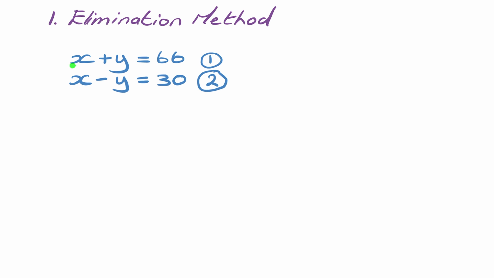So when we examine this, we have an x here and we have an x here. They're both positive and they both have a coefficient, which is that number in front, of 1. So to eliminate the x's, which is what we want to do, we want to get rid of one of the variables, all we would have to do would be subtract them. So we would do x subtracted by x, that would give us 0. That means we've eliminated it.